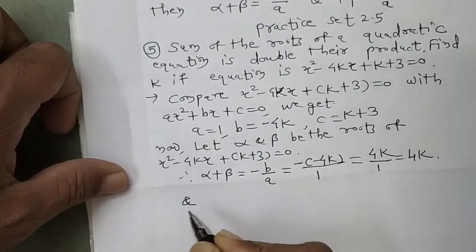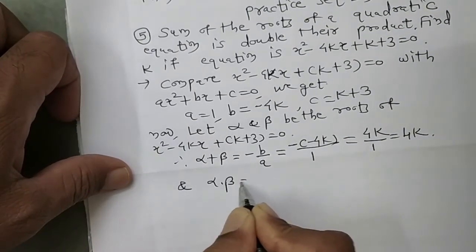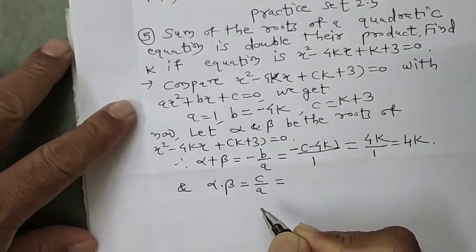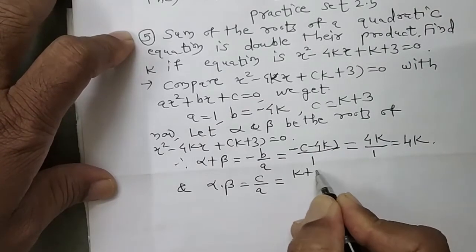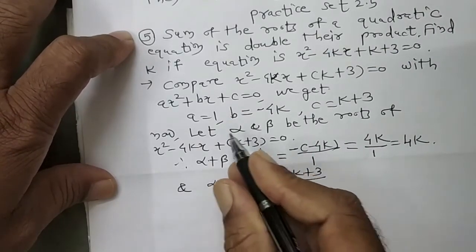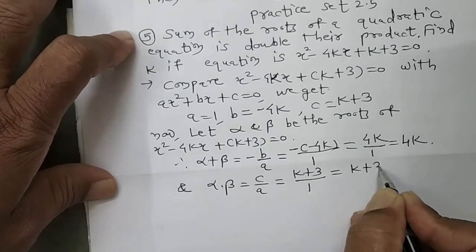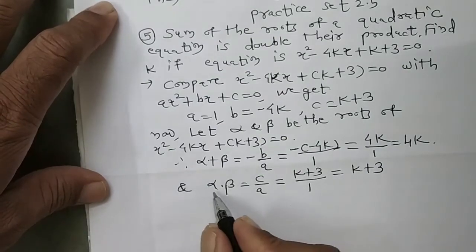And the product of roots, that is alpha into beta, formula is c upon a, is equal to, now value of c is k plus 3 upon a is 1, therefore equal to k plus 3. This is the value of alpha into beta.